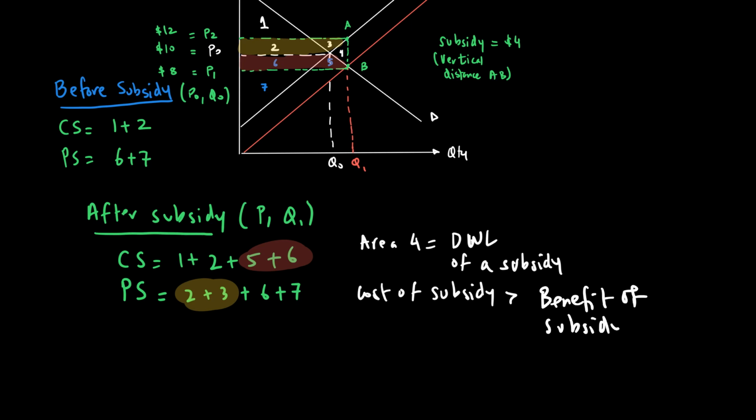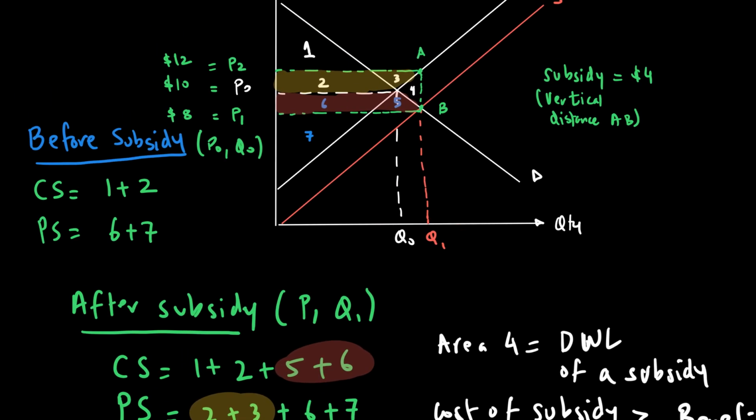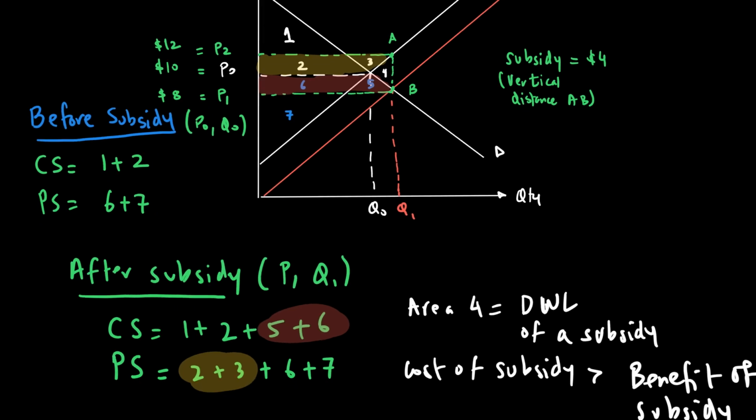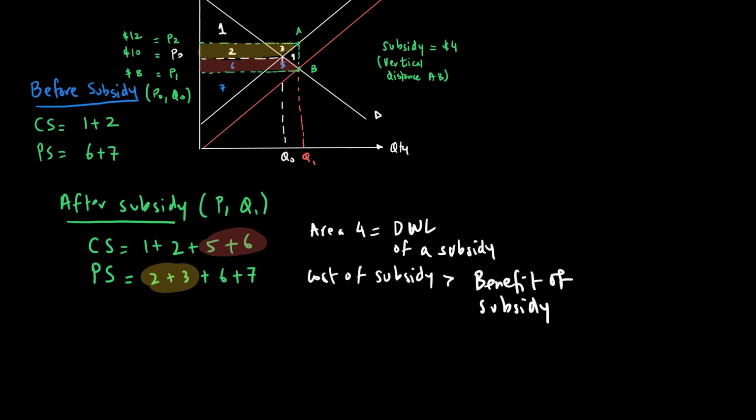What is the cost of the subsidy to the government? The government is paying P2 minus P1, so $4, times Q1. So 2, 3, 5, 6 and 4, all of this is being paid by the government. Therefore, the cost of the subsidy is area 2 plus 3 plus 4 plus 5 plus 6, while the benefit is simply 2 plus 3 plus 5 plus 6. The shaded regions are the benefits.